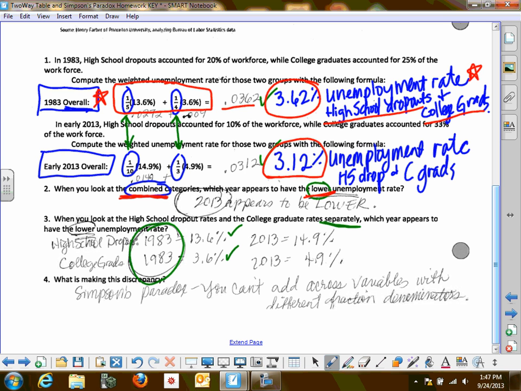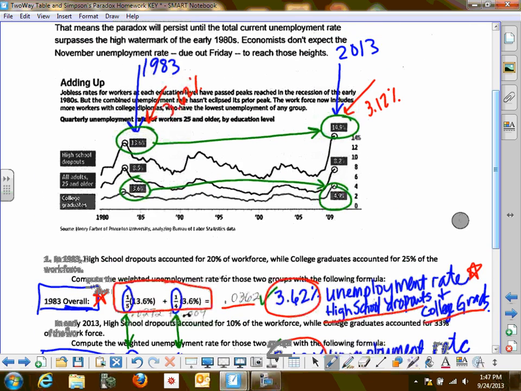So, number 3. When you look at the high school dropout rates and the college graduate rates separately, which year appears to then have the lower employment rate? That data comes from the picture above, so let's look at that. Here it is.